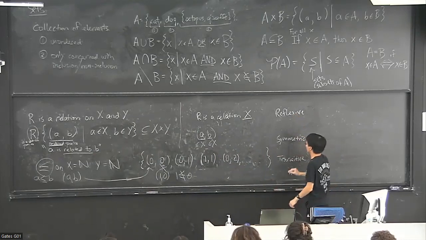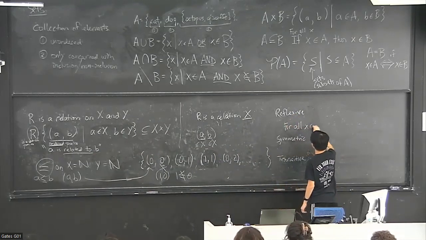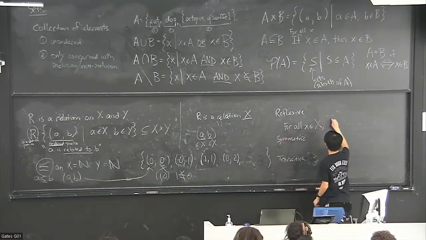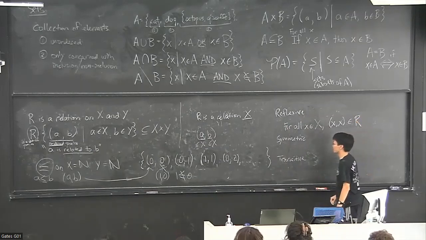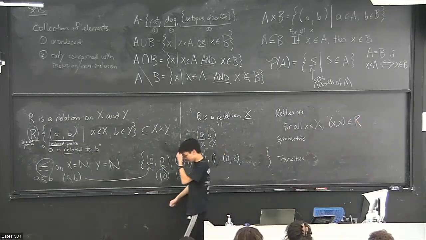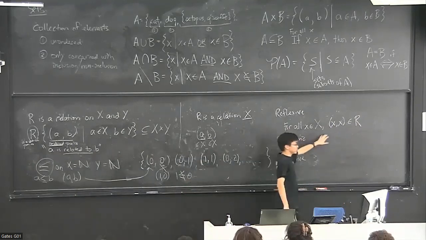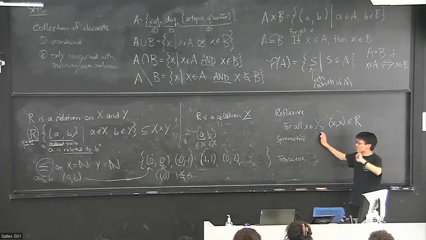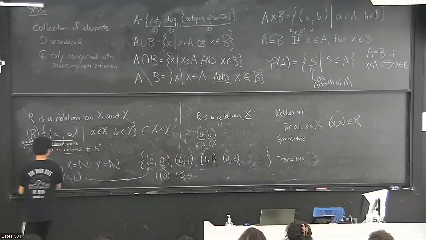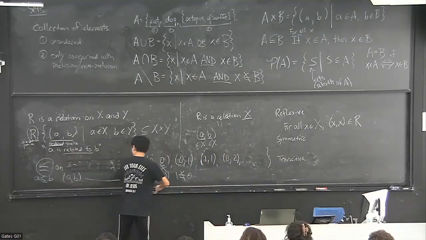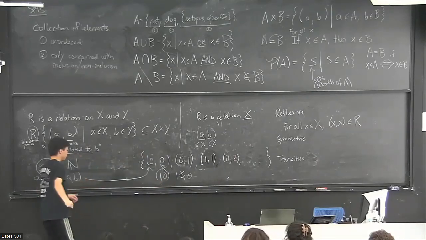What does it mean for it to be reflexive? For all elements x inside that set X, the pair (x, x) is inside the relation. So, for example, take the less than or equal to relation on the naturals.